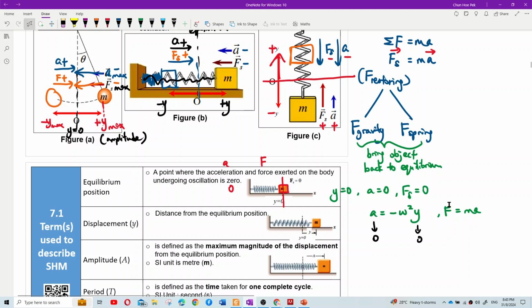Right? If acceleration is zero, force is also zero. Okay? When displacement is zero, negative omega square multiplied by zero is also zero. So force also zero. So if the object is at the equilibrium, the spring is neither compressed nor extended. So of course force in the spring is zero. So acceleration also zero. Right?